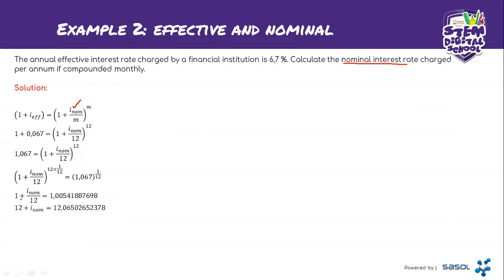Hence 1 times 12 is 12, and then this one times 12, we are left with I nominal, and then this one with 12 will give us this. Then of course we're going to transpose that 12 to the left hand side, and then this is going to be the minus 12, then it's going to give us 0.065, etc. And then you're going to multiply this one with what? With 100, and then it's going to give us 6.5%. So that is the nominal interest rate.